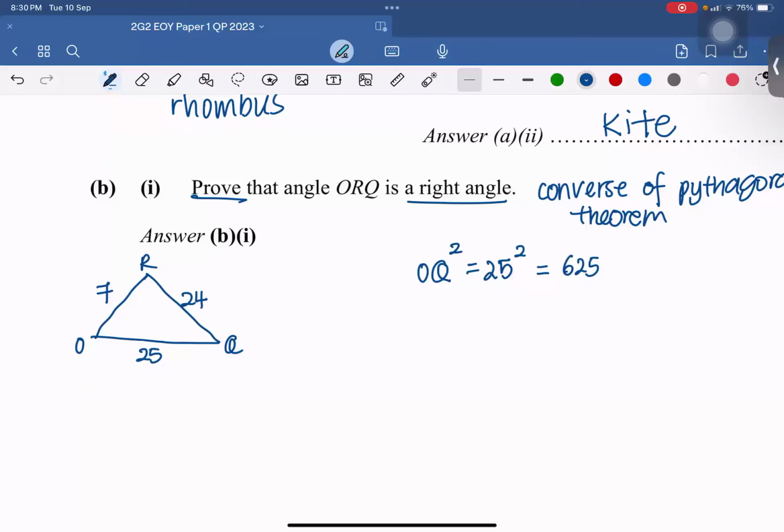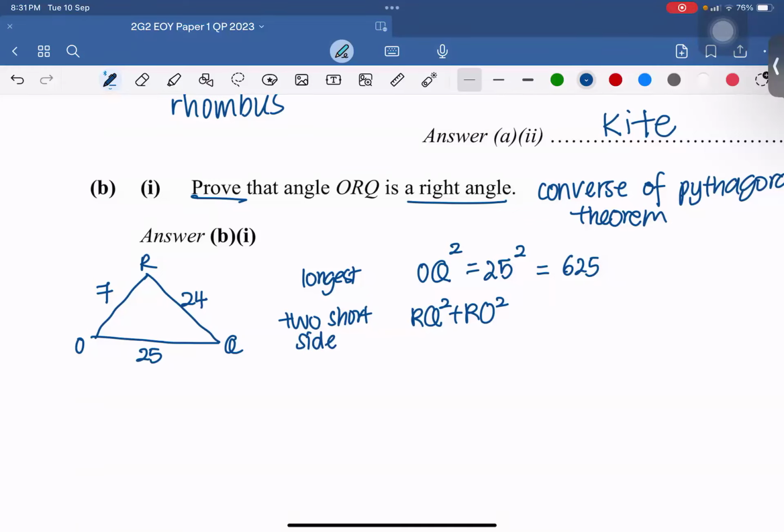Then I have the longest side already. What about the other two? RQ, 24, plus RO, the two shorter sides added together.